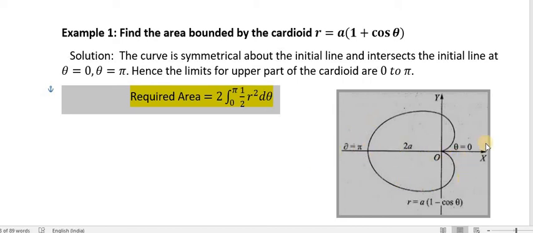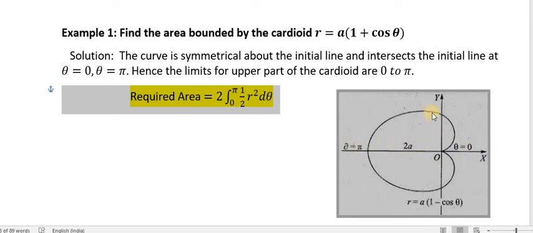See, this is the initial line, that is x-axis, and the cardioid intersects the initial line at theta is equal to 0 and theta is equal to pi. Now, the cardioid is symmetrical about the x-axis.